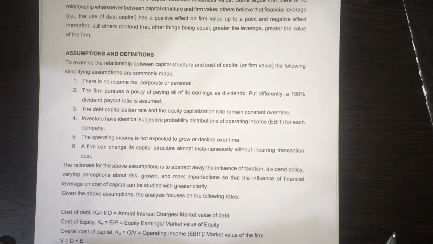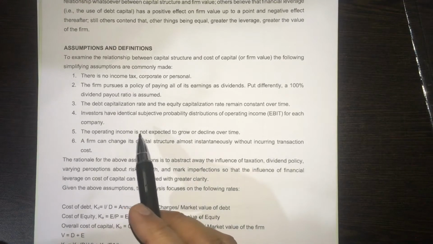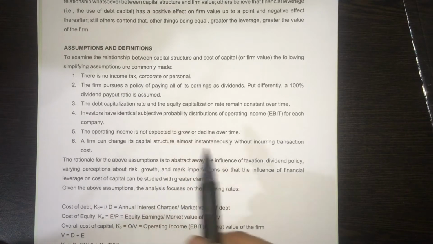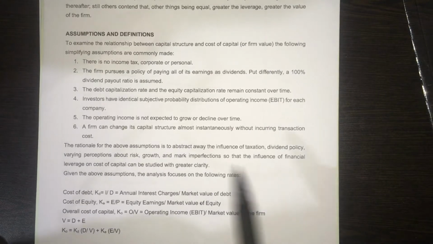Now, what do you mean by that? It means we are assuming that all investors have identical expectations when they invest in firms. Now, that is not true at all in reality. And the operating income or EBIT is assumed, not expected, is assumed to be constant over time.